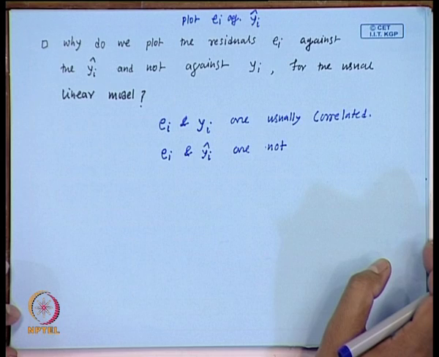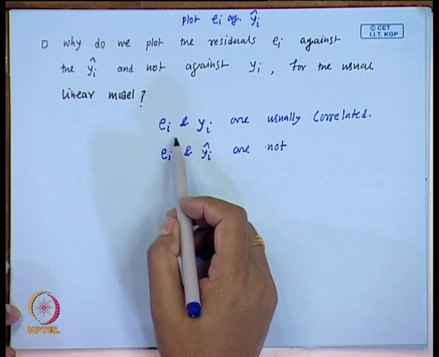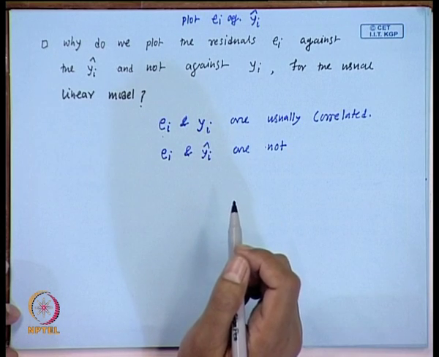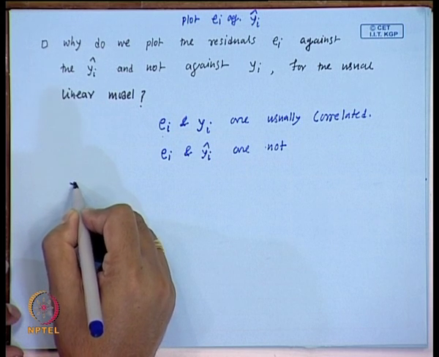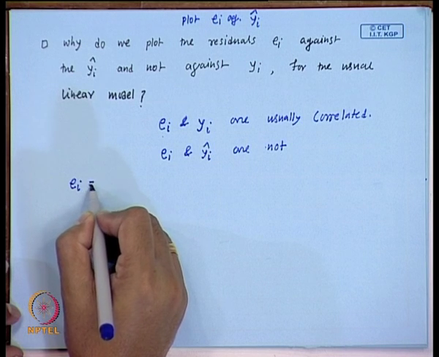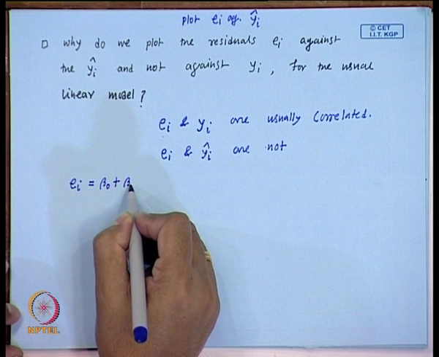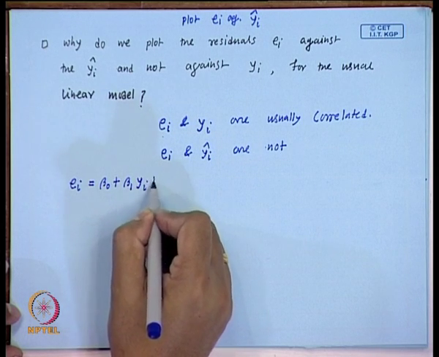What we are going to prove is that there is a linear relationship between ei and yi. Suppose the form of the relation is ei equal to some beta naught plus beta 1 yi plus epsilon i.